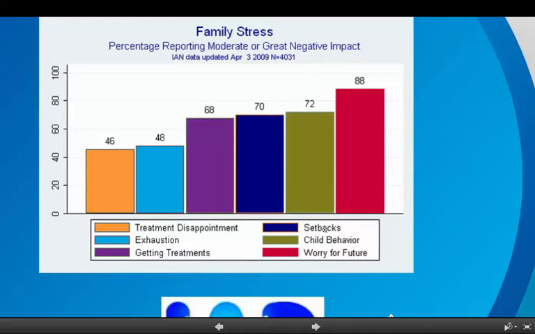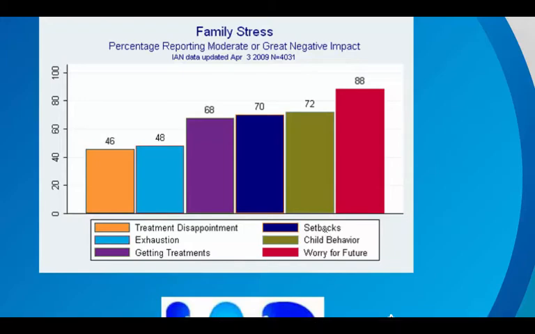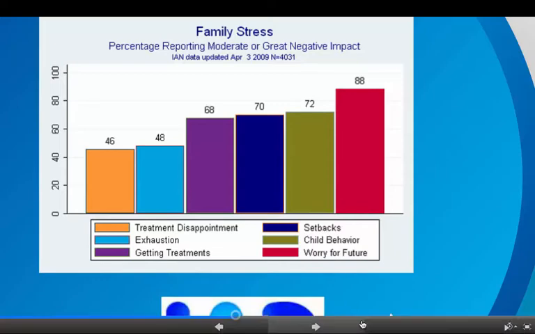Regression could occur as a result of school ending and moving into the summer months, and there are some major setbacks feasibly there. Then there's an individual's behavior, a child's behavior, and worrying about the future. You can see 88% of families identify that as a great or moderate stress in their lives, and the child's behavior ranks at 72%.